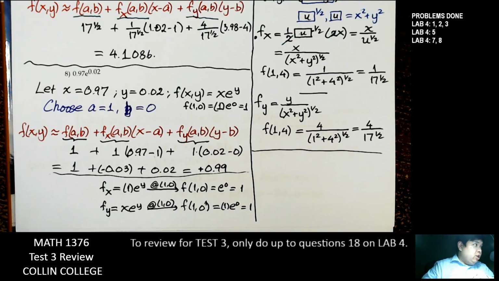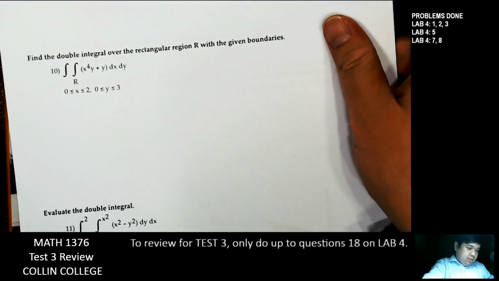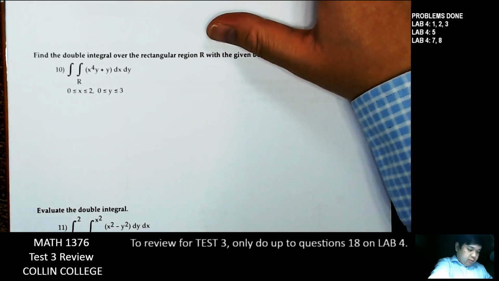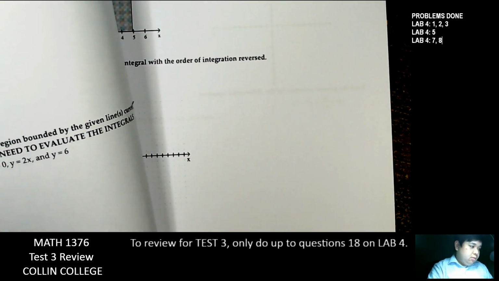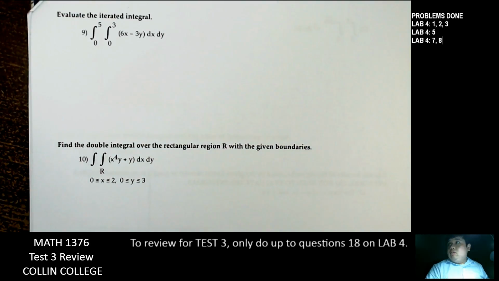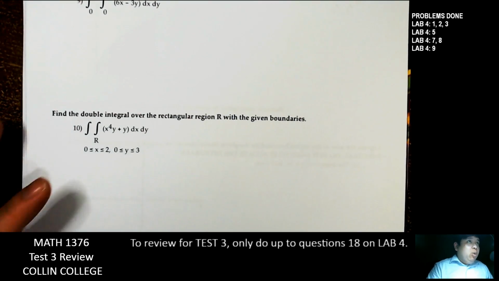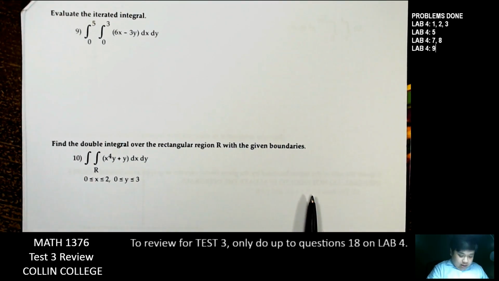Next we go to integration, double integrals, that is. I might not do most of the problem, but at least the setting up part. Alright, we take a look at 9 and 10 at the same time and try to see the difference of the two.